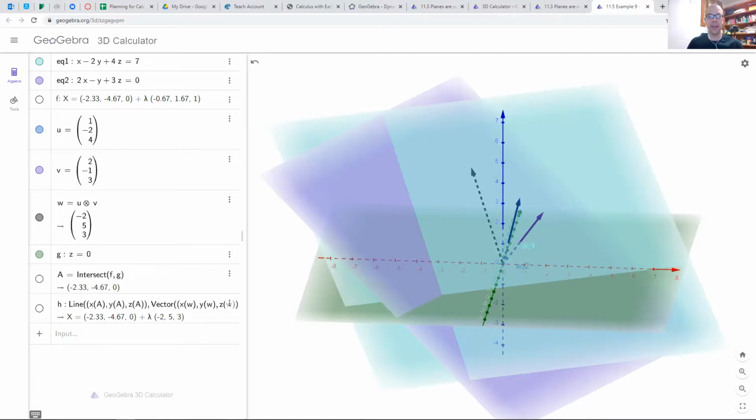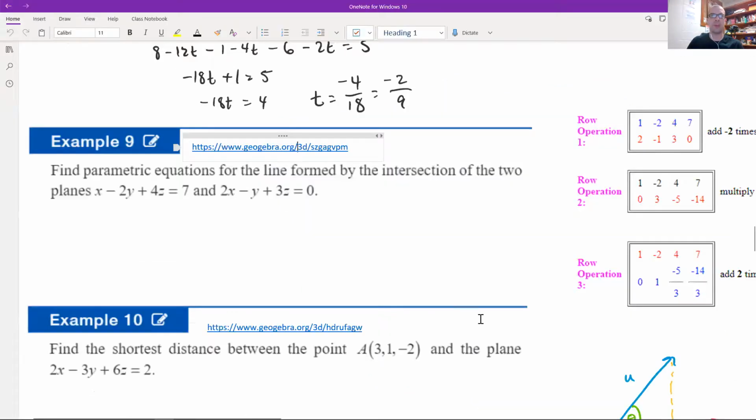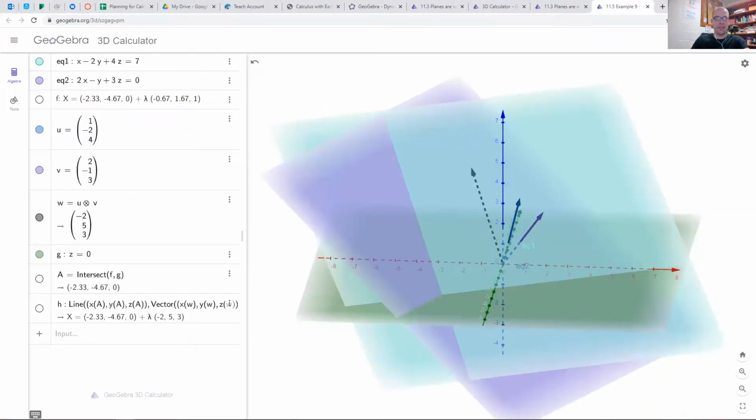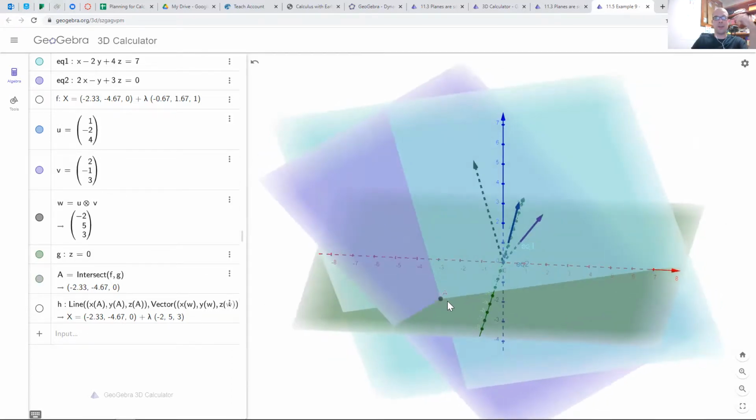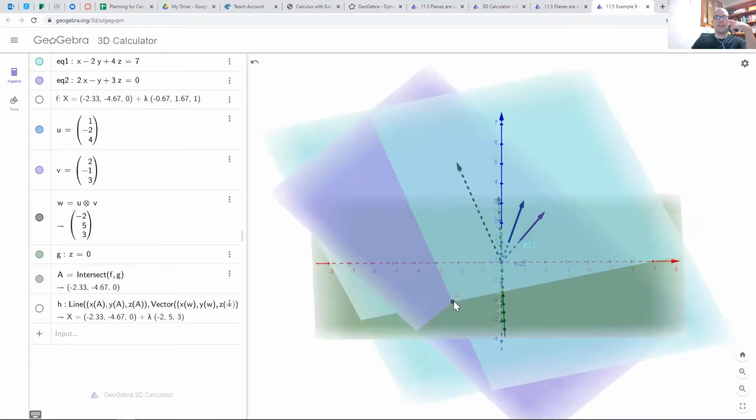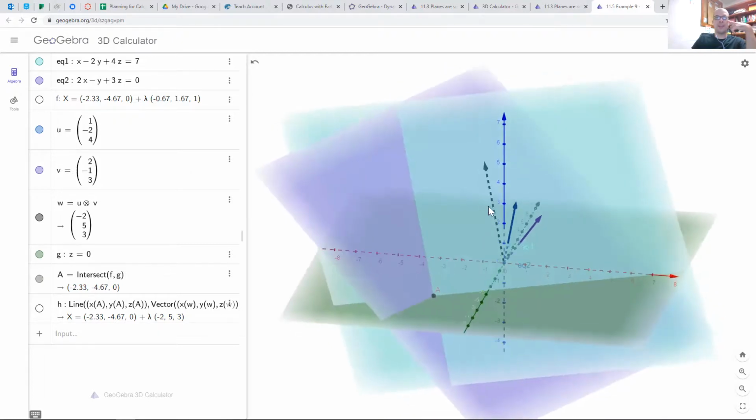And if you threw that into the system that we started off with, then you're in a system of two equations with two unknowns. x and y would be the only ones left. And you can do a 2x2 system using substitution or elimination. So you would be able to get this point at the intersection just by setting z to 0 and solving. And then utilizing this point and the direction vector, you can make the line.